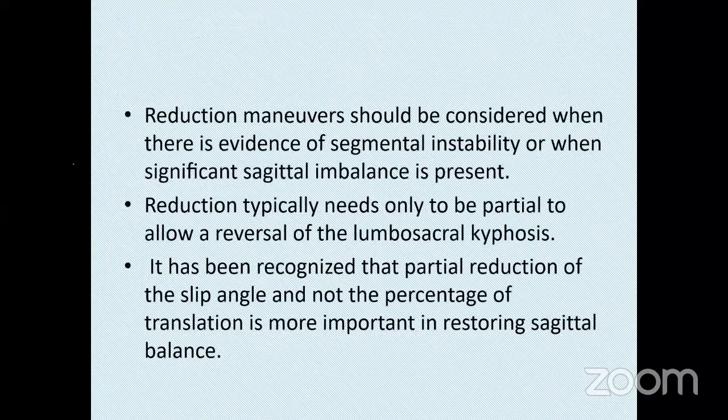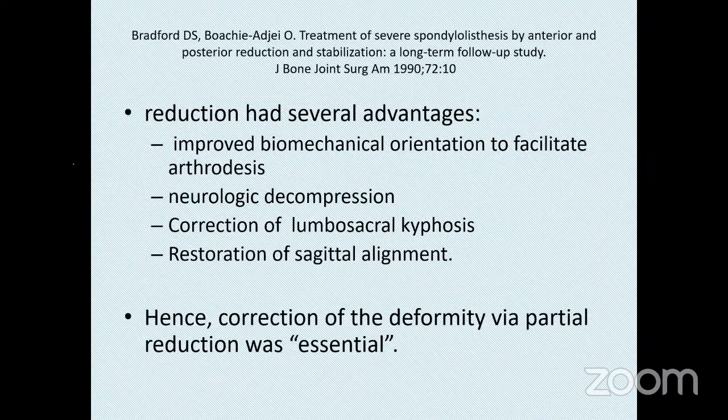So reduction should be considered. If there is evidence that segmental instability is there or the sagittal imbalance persists, then reduction should be done. By reducing, what are the advantages? It improves the biomechanical orientation. It also causes decompression of the neural structures.